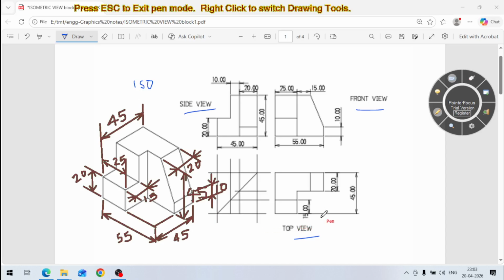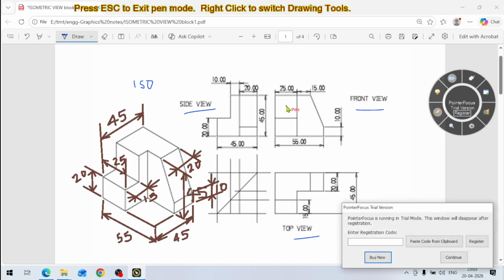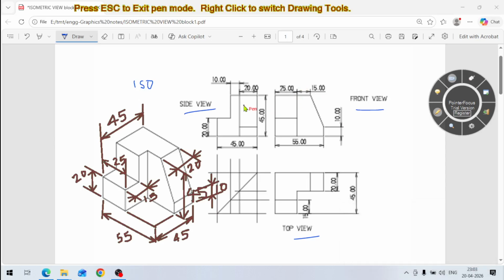So all these, this 45, this 45, this 55, this 10, this 25 here, and this 25 is given. This dimension 15 mm we can give here, because this step we have given 25, but for this 15 mm step we have to give this dimension. So how to give this dimension?